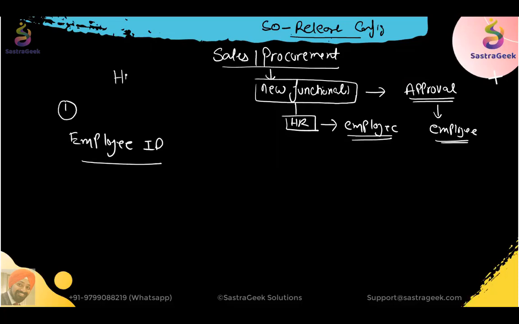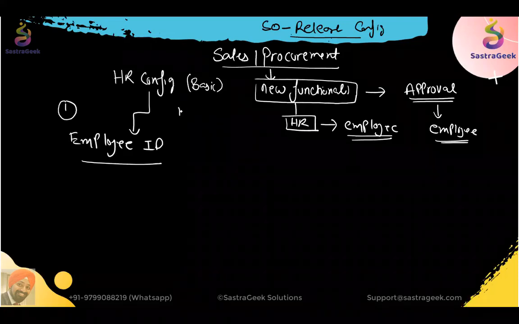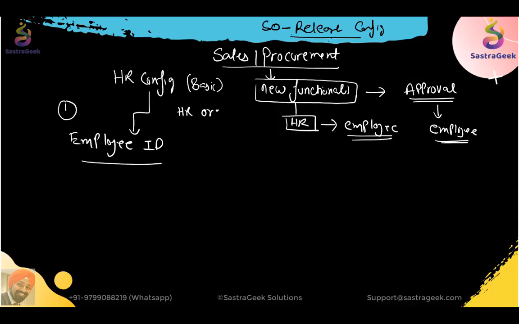So first you need to do the HR config, the basic one. If you are not using the HR module in detail, you can just do the basic config. You need to define an employee ID. Then within the employee ID, you need to link this employee with the HR organization unit.